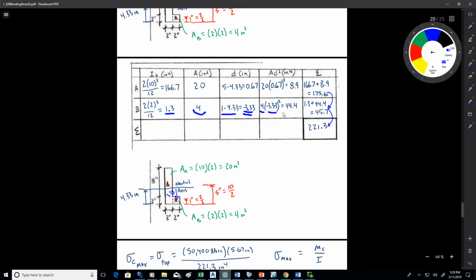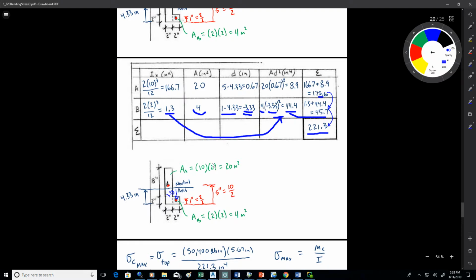The negative squares out, so it really doesn't matter that much. 4 times 3.33 squared is 44.4. I can add that to 1.3 and get the total moment of inertia for that part B. It's 45.7. Add it to the 175.6, and I get 221.3 inches to the 4. That's the total moment of inertia of the L-shaped beam about the neutral axis.